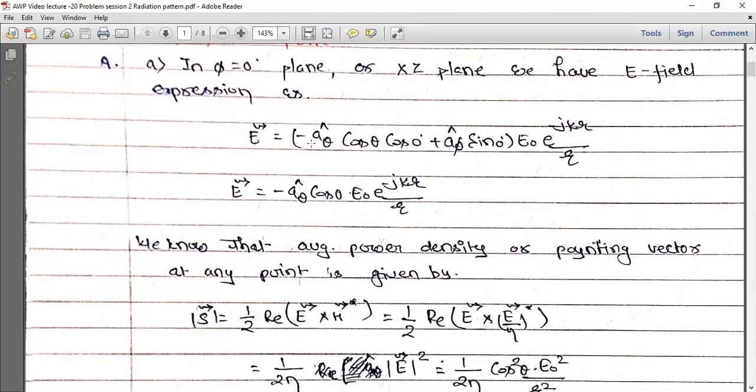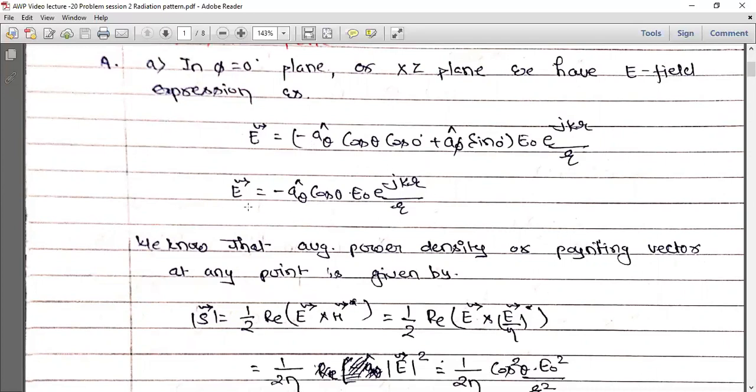For example, at any point of observation P, we have some values of r, theta and phi, and when you substitute those values of r, theta and phi in the expression of the electric field phasor, you find the electric field intensity at that particular point. So in the xz plane, this is the expression at any particular point r, theta and 0, because phi is 0 in the xz plane. Okay, so this is the expression for electric field intensity in the xz plane at any arbitrary point.